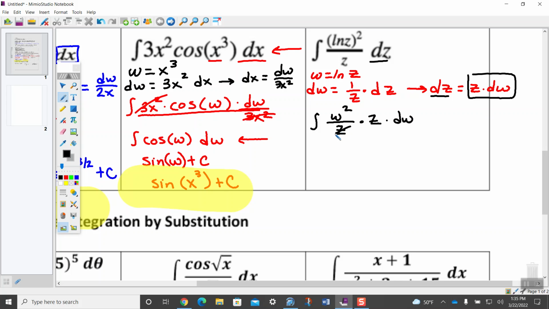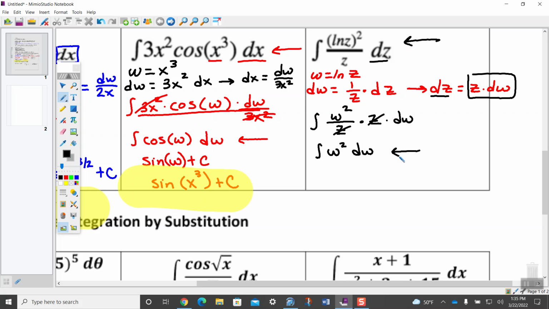Yes, these are gone. After I've substituted and then canceled, this is now the integral of w squared dw. You tell me, work with that antiderivative or this one? Which one looks a little nicer to work with? The bottom one does, doesn't it?